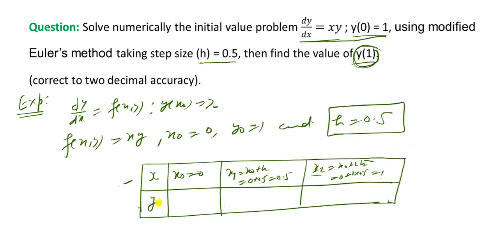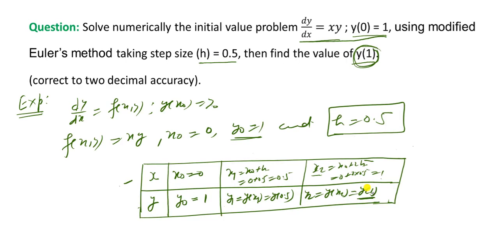The y values are denoted by y0 corresponding to x0, so y0 is given and y0 is equal to 1. Then y1 corresponding to x is equal to x1 is denoted by y of x1, that is y of 0.5. Then y2 is y of x2 and this is equal to y of 1. So our aim is to compute the value of y at x is equal to 1 using the modified Euler's method.